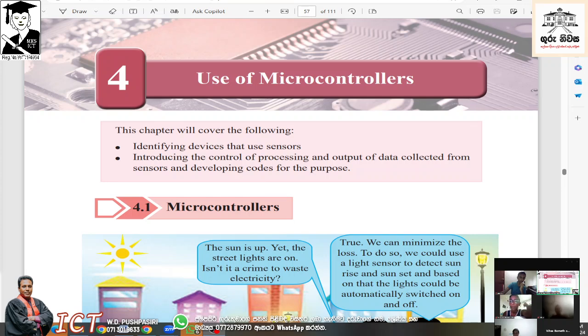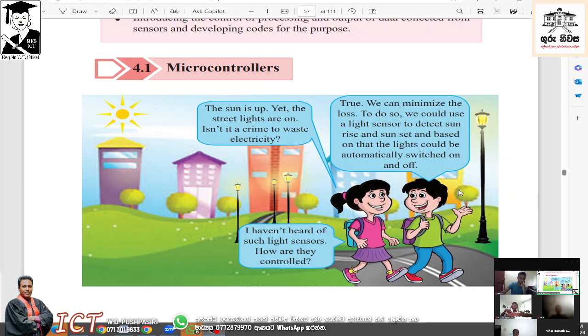So we are going to understand there are many devices which have inbuilt sensors. Introducing the control of processing and output of data collected from the sensors, and developing code for the purpose. That means we are going to develop controlling of the computer processors using these microcontrollers.